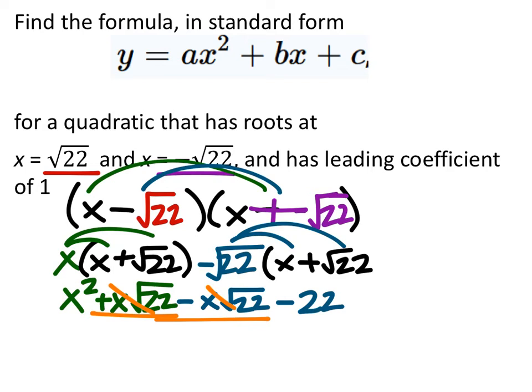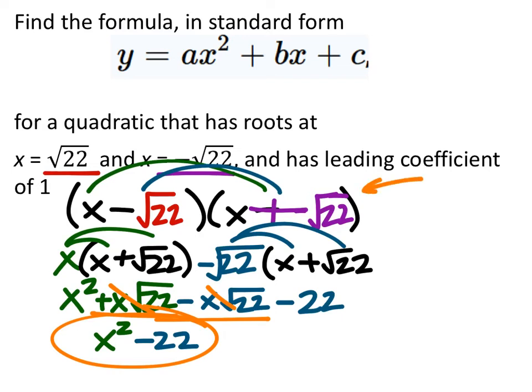Those end up being 0. So I end up with x squared minus 22. That's it. Some of you noticed that from the beginning though, right? These are conjugates. And so we could have just said, well, this is the difference of squares. And that would be fine.